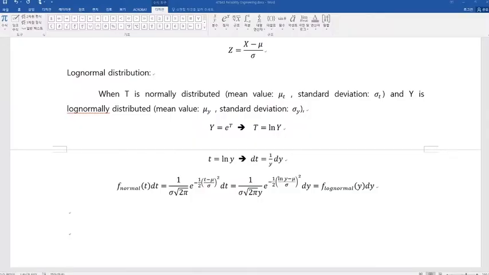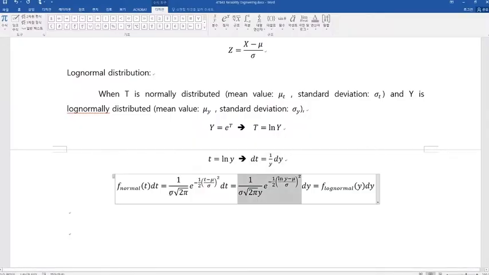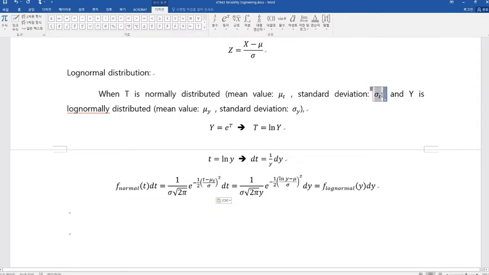And one thing to be clear is that we started from here, the normal distribution for t. So that means this is the mean value for t, and also this is the standard deviation for t.